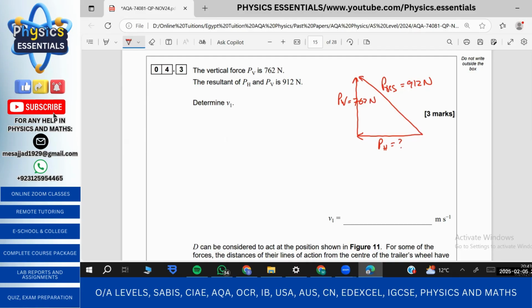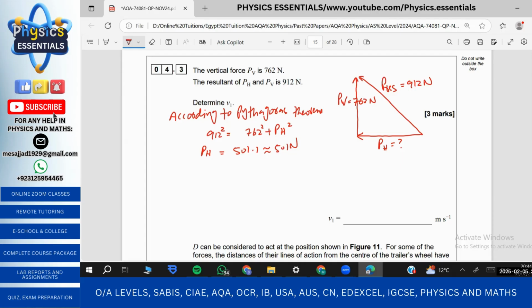According to Pythagoras theorem, we have 912 square equals 762 square plus PH square, right? And from here, PH is going to be, let me calculate that, 501.1, rounded off to 501 newtons.